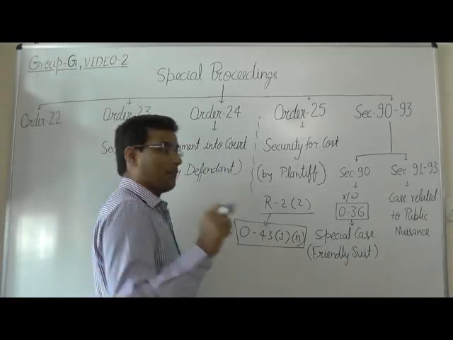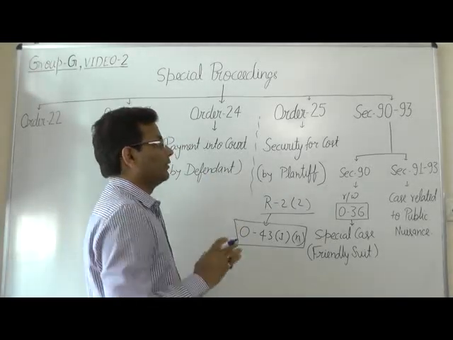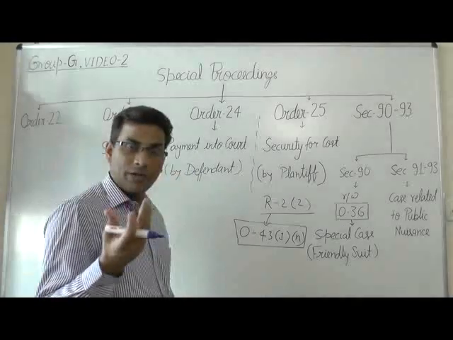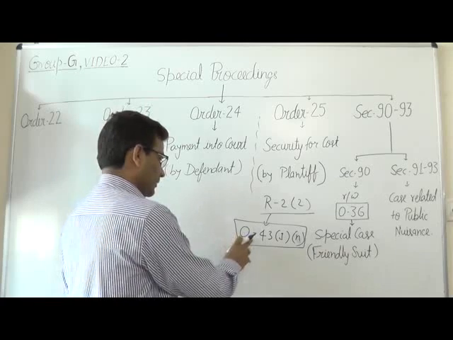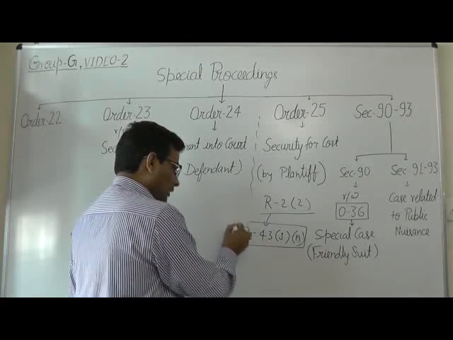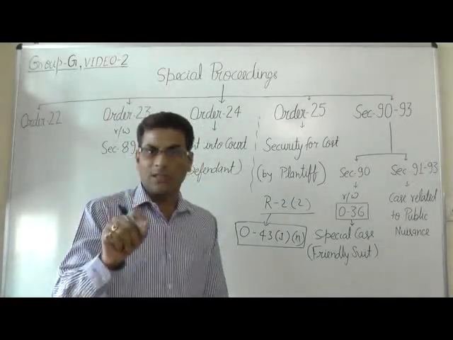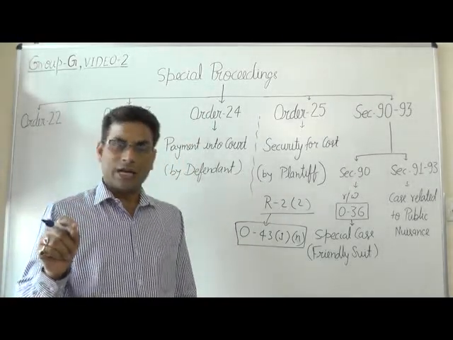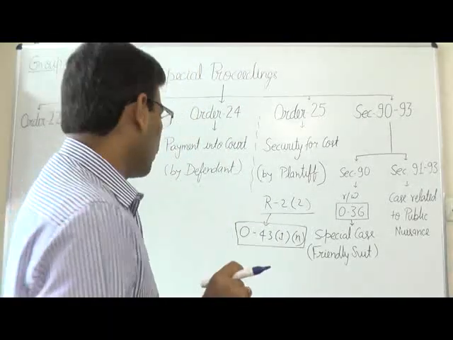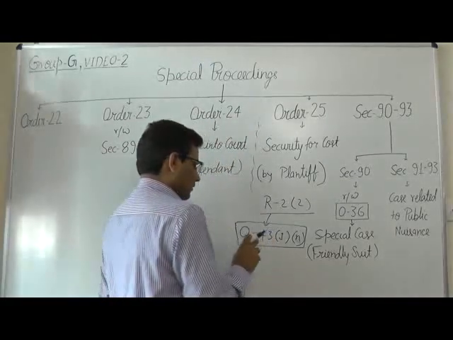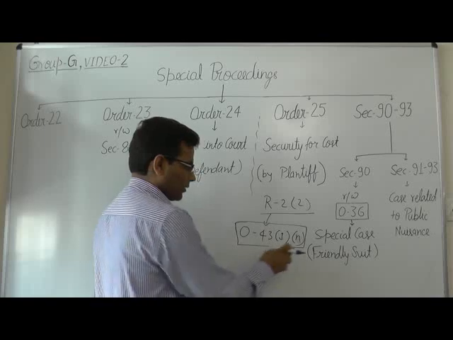If the decree would be appealable, there is a condition: if the decree would not be appealable, then the order would not be appealable. The order of rejection of the application made by the plaintiff for setting aside the order of dismissal will be appealable under order 43 rule 1 sub-clause N.